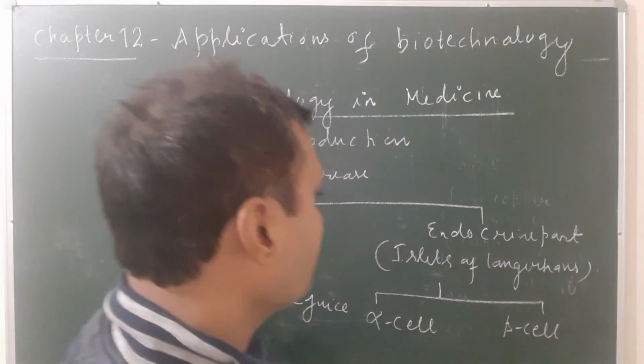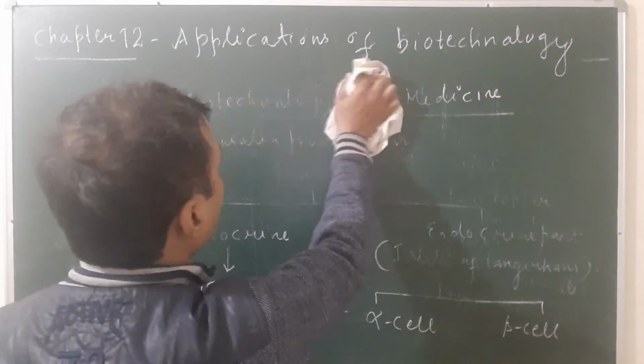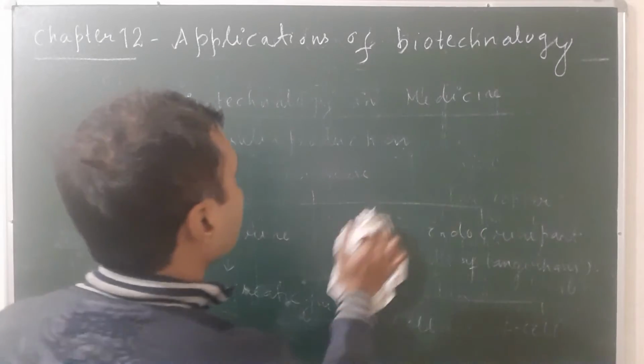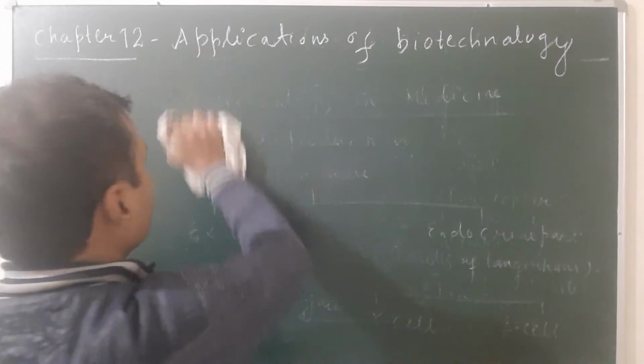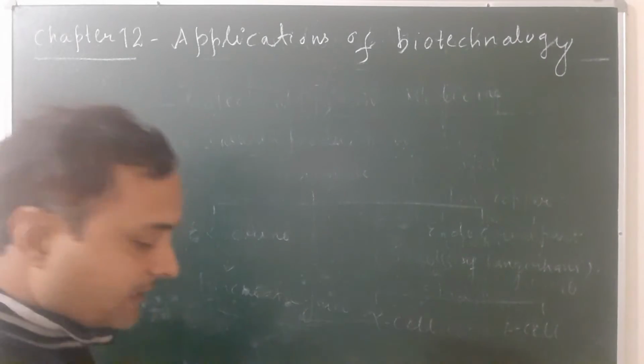Let us see the structure of insulin. Insulin is a proteinaceous hormone; biochemically it is a protein. Insulin consists of three types of peptides.